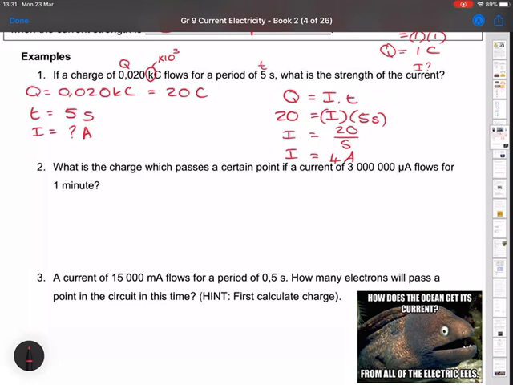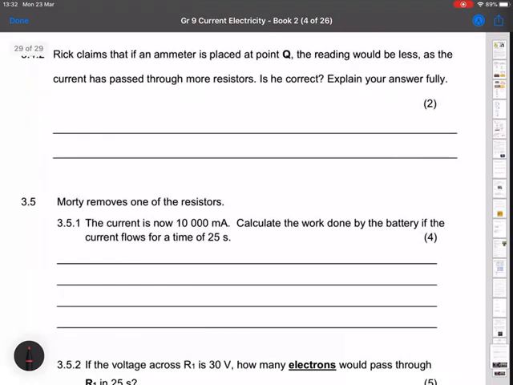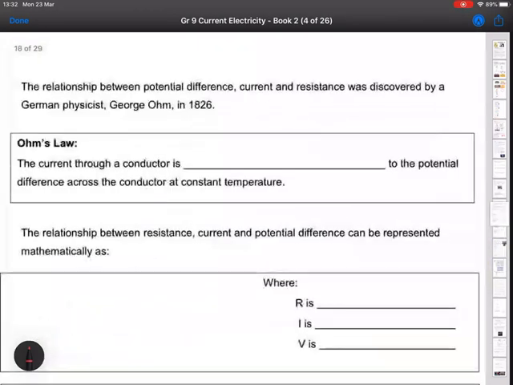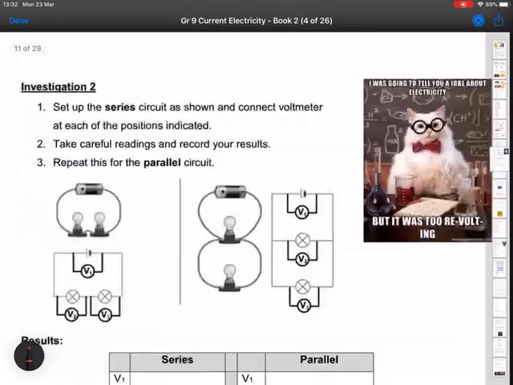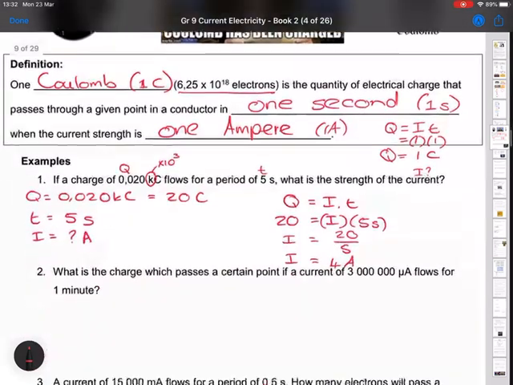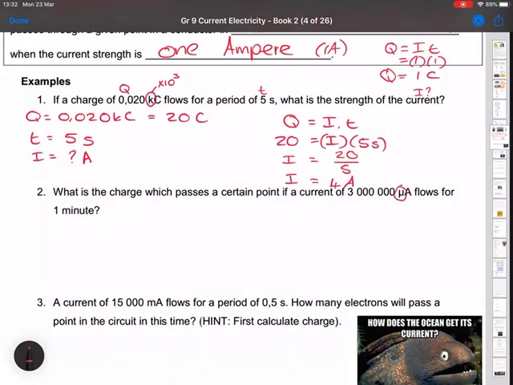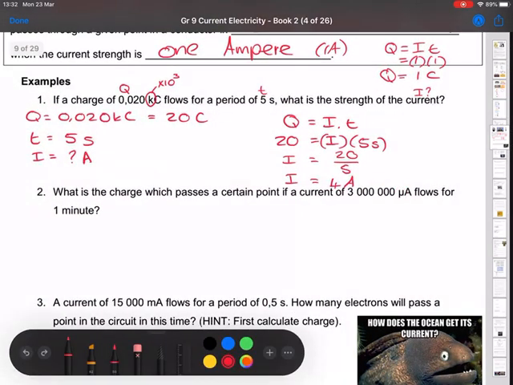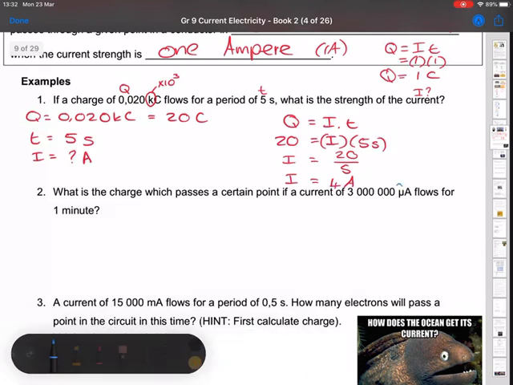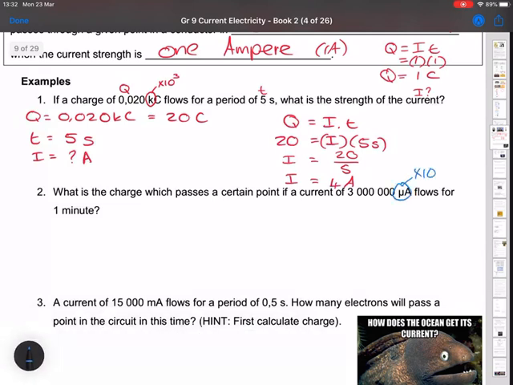Next one, what's the charge which passes a certain point if a current of 3 million microampere, remember micro means times 10 to the power of minus 6, flows for 1 minute? Micro, I'm going to do this one in a different color so that you don't get confused between the two. Micro means times 10 to the minus 6. Please don't forget your SI units.